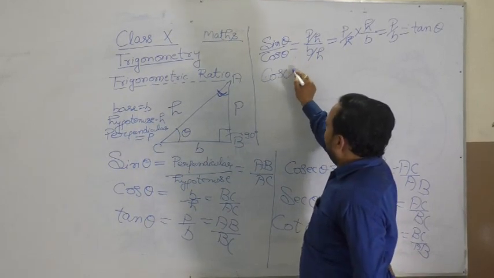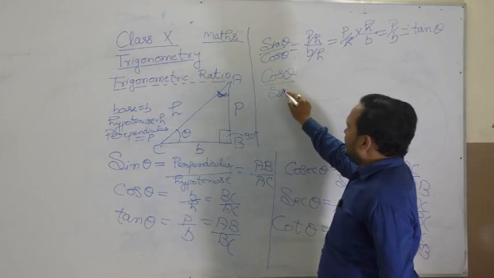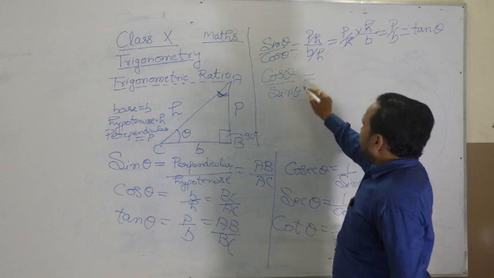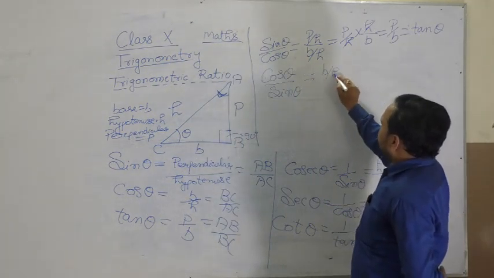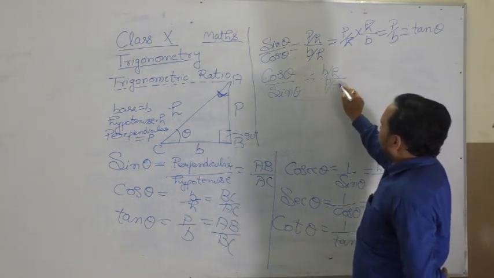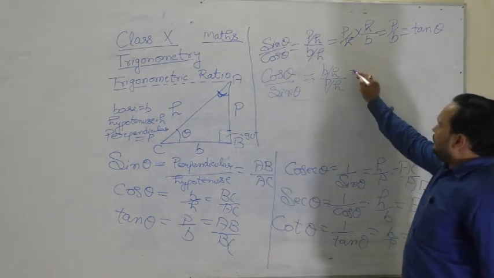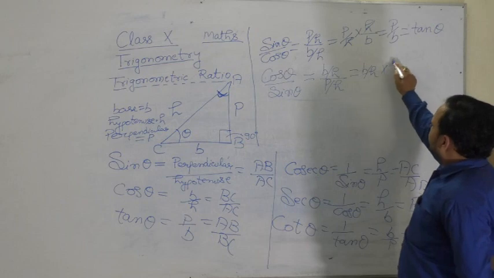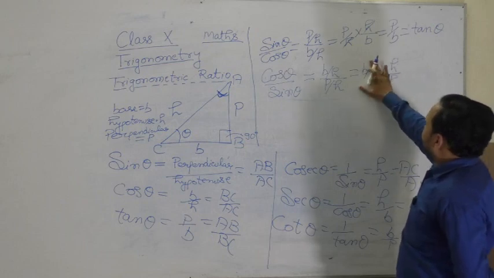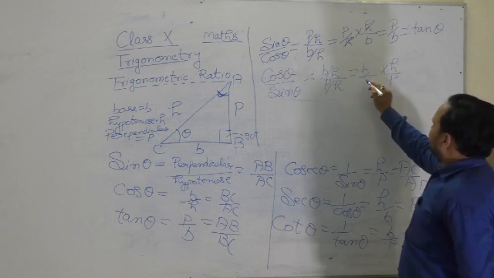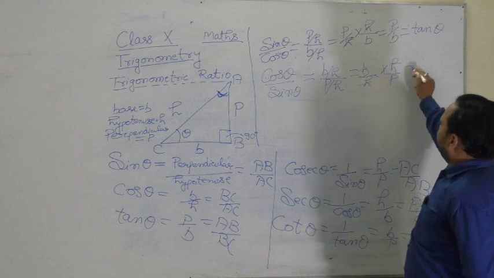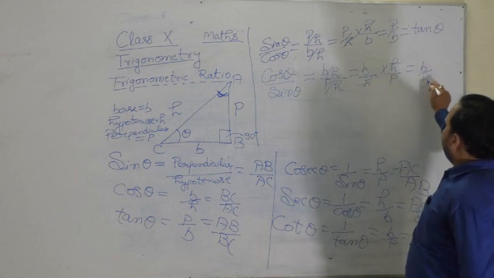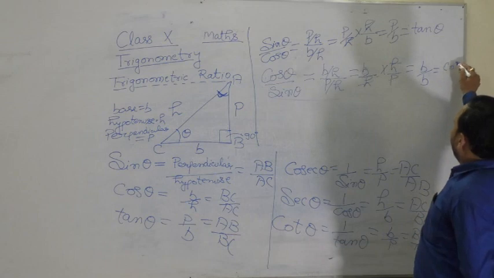Similarly, cos theta by sin theta may be written as base by hypotenuse divided by perpendicular by hypotenuse, and when you simplify this, it becomes B by P and it is cot theta.